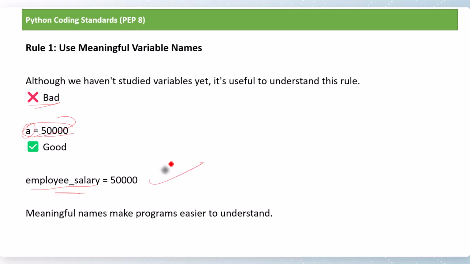So this is the good way. It is a meaningful variable name. This is one of the rules in PEP 8. Instead of writing in this bad style, you can assign a meaningful variable name and assign the value to that. Meaningful names make programs easy to understand.